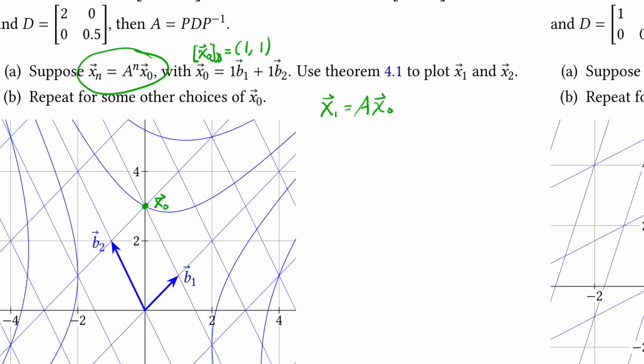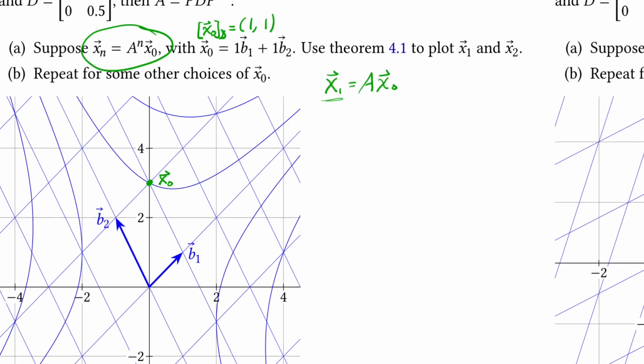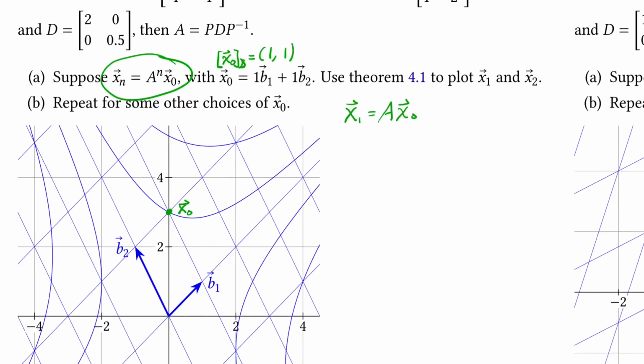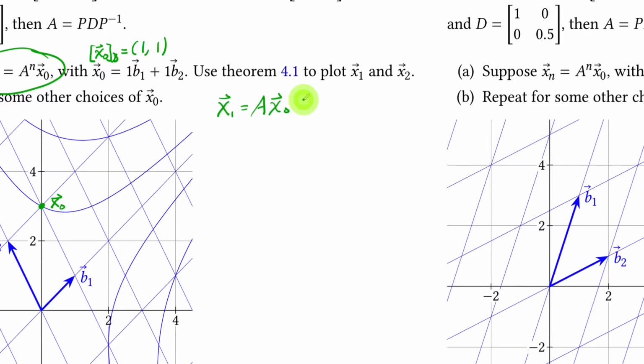We could just calculate that out, but I want to use the theorem to see how we can get the coordinates of this in terms of the B1 and B2 grid. In other words, what is the B coordinate vector of x1?